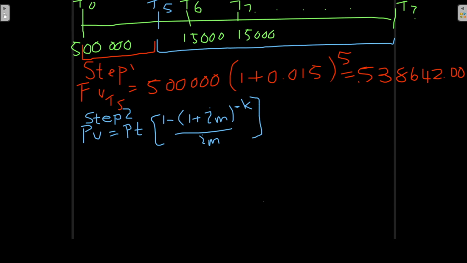Okay, the first thing would be to divide on the left and on the right with payments. So if I divide on the left with payments and on the right, then I end up with this factor here.